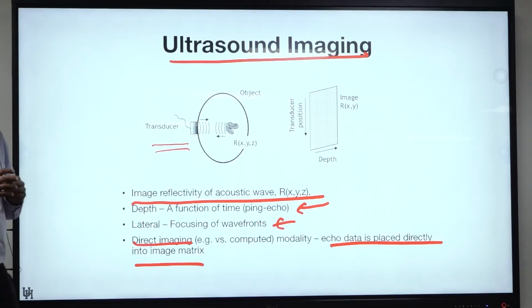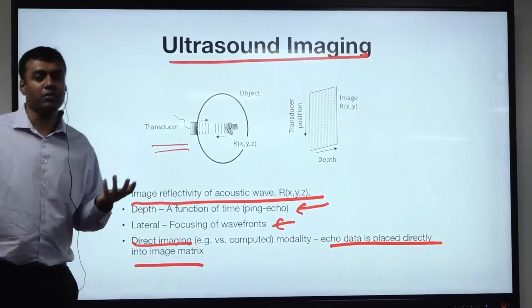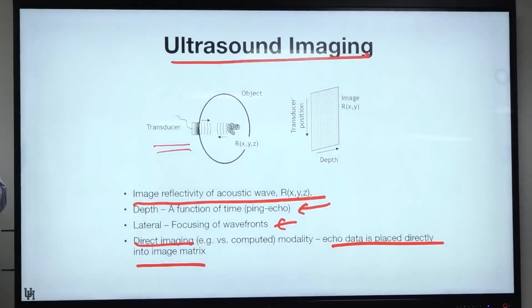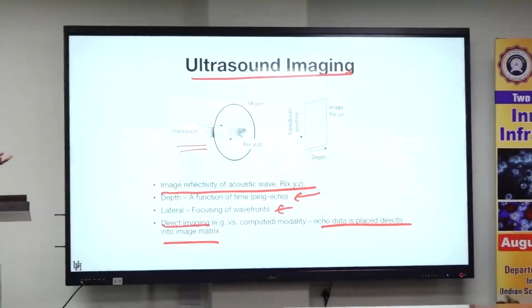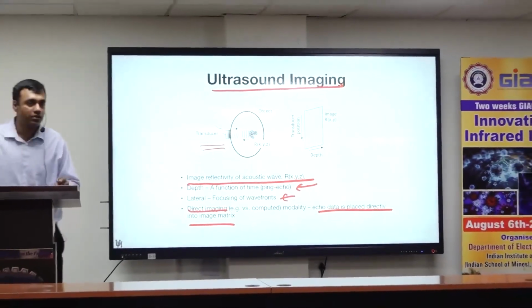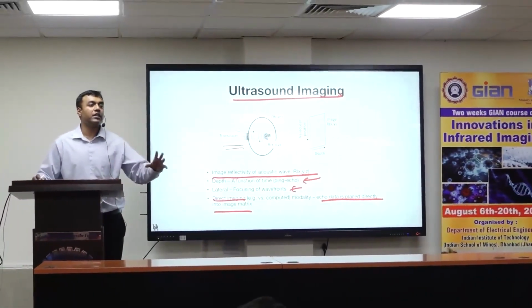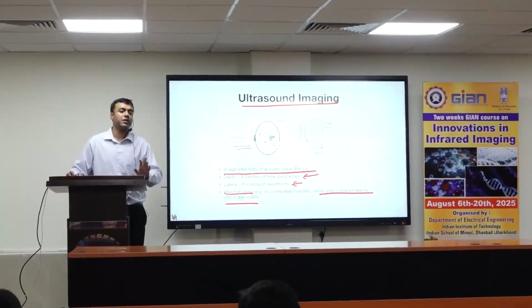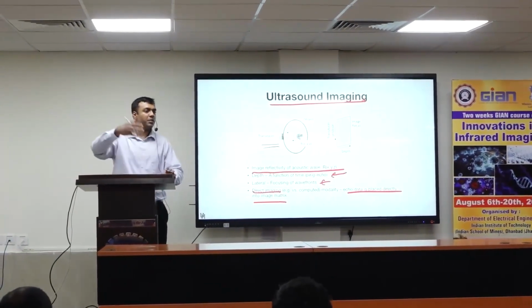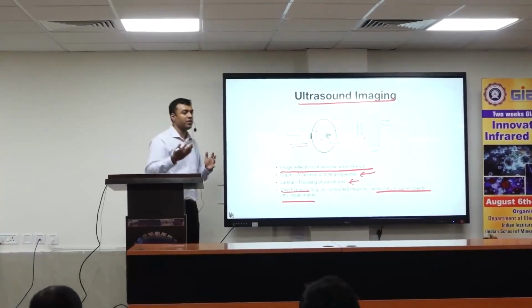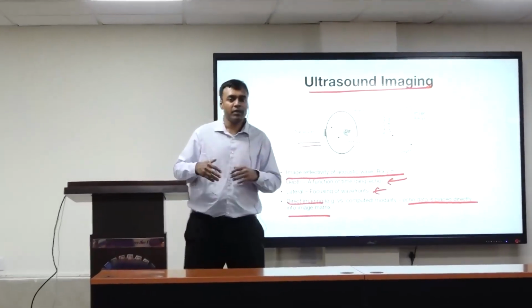So what can this do? It depends on the speed of sound in the material you're interested in. The speed of sound in air depends on humidity and a lot of other things, but ballpark something like 300 meters per second. In solids, it's higher, maybe 1,000 meters per second or more.